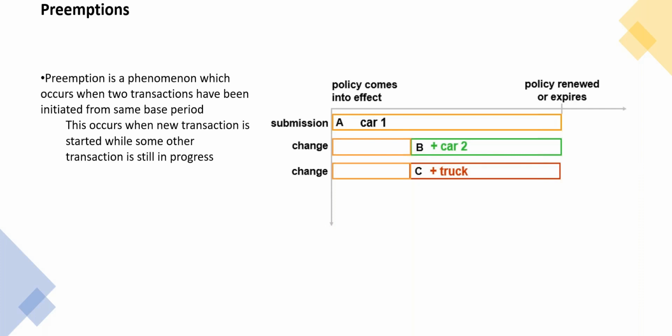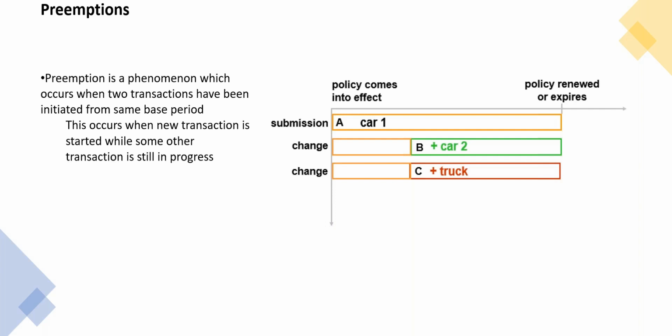Feb is running. After 3 months, in May, you want to add a car. At the same time, you want to add a truck also. So when both transactions run on the same date, only one transaction can proceed first. Once the first transaction proceeds, then only the second transaction can.